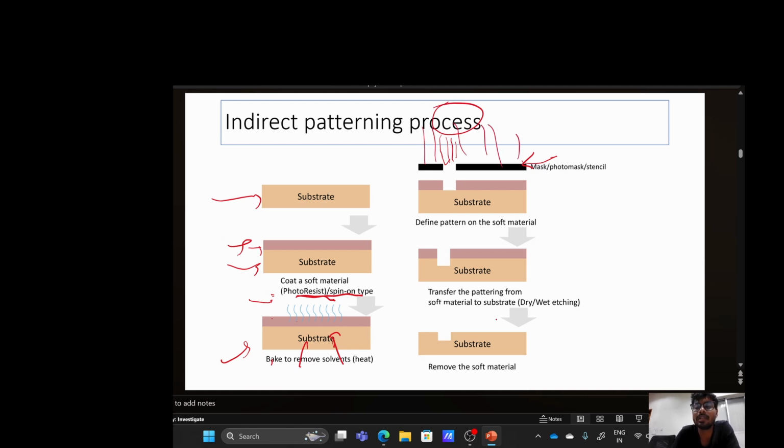There is a light source, light is coming, which will pass through this one. That will make chemical changes in this intermediate layer. Then we can remove the intermediate layer from this part with some chemical means, and then we can do the dry etching or chemical etch. By means of the chemicals we can etch this part of the substrate, and this is how the pattern is transferred over the substrate.